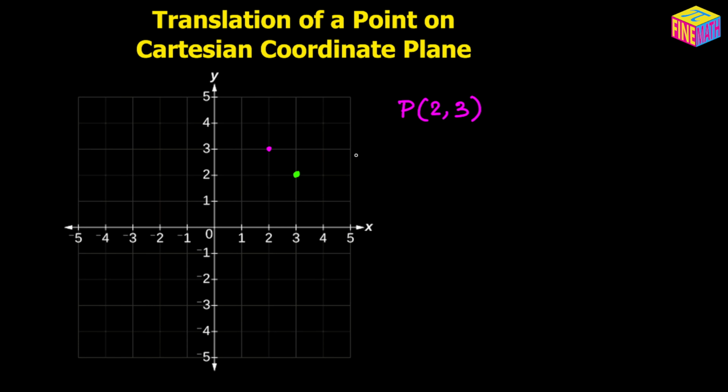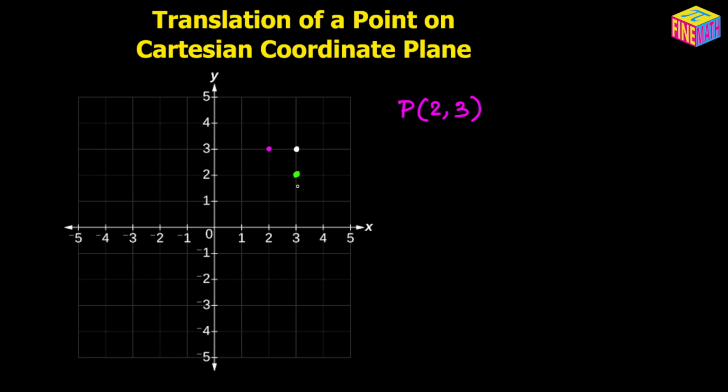So now here we have moved it to the right by 1 unit. That means when we came to this point, now I'm going to use a white kind of dot here. So when we first came to this white dot, which is 1 unit to the right, our location at that point was 3, 3, because our original location was 2, 3, and then we go to the right hand side by 1 unit. So then our new location, the white dot, becomes 3, 3, and then we move it down by 1 unit.